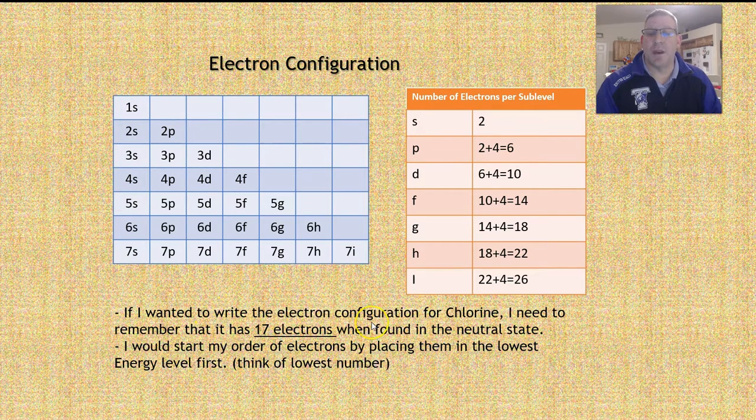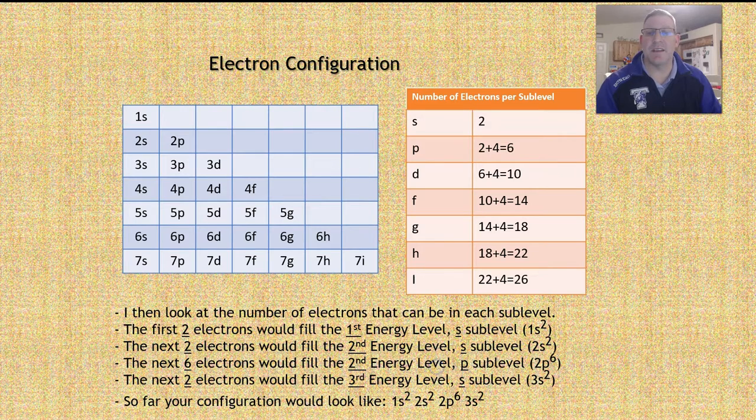If you wanted to write, for instance, the electron configuration for chlorine, you can identify that chlorine is atomic number 17. And if it is neutral, or in the neutral state, it will also have 17 electrons. Therefore, we would identify it as the same number of electrons as protons, since it is in the neutral state.